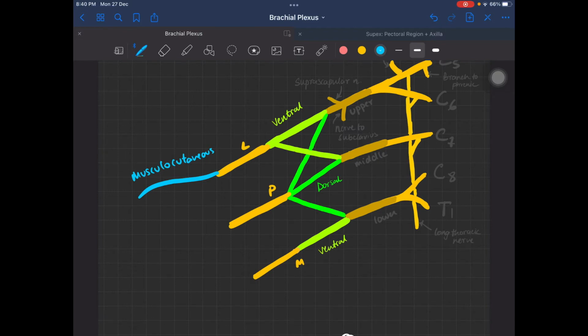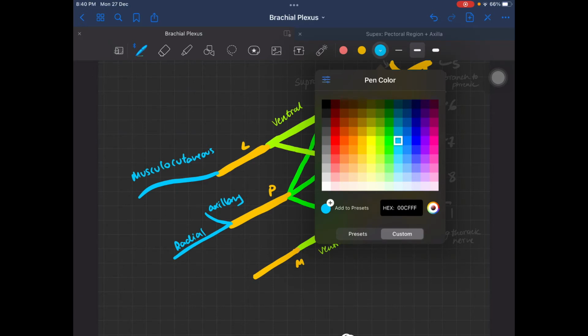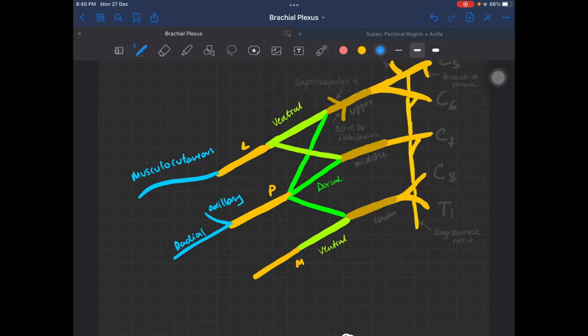From the posterior cord emerge 2 of the terminal branches, one small branch, the axillary nerve, and one big branch, which is the radial nerve. We'll change the color a bit. From the lateral and the medial cord, 2 roots emerge.